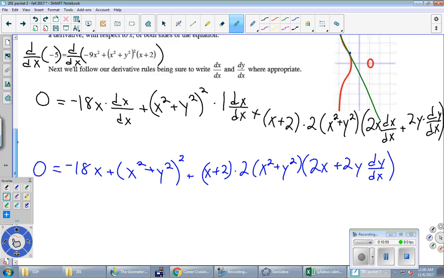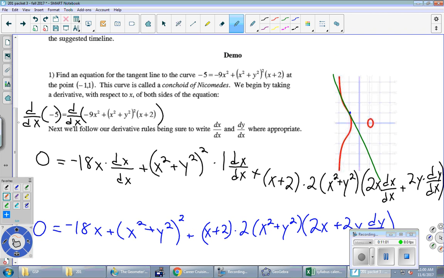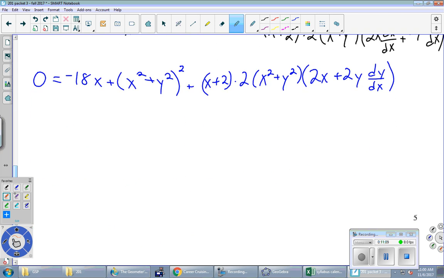We have a point that's on that tangent line. What are the coordinates of that point? Negative 1, 1. So we can replace x and y with negative 1, 1 at any point, including right now. So substitute x comma y equals negative 1 comma 1.